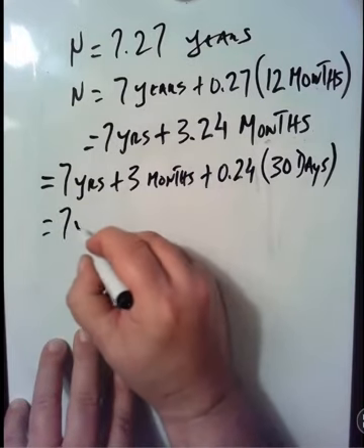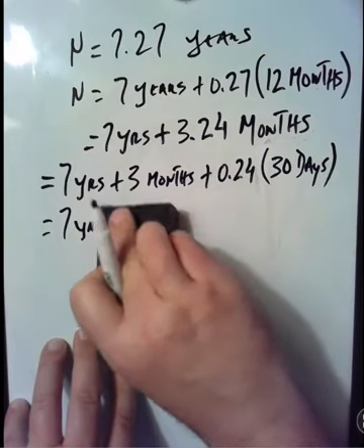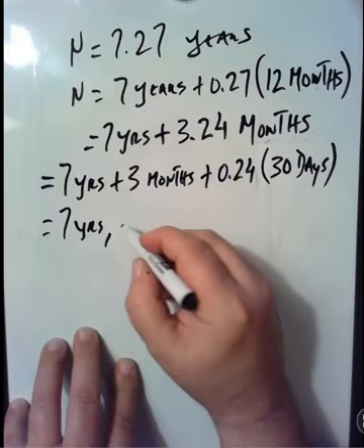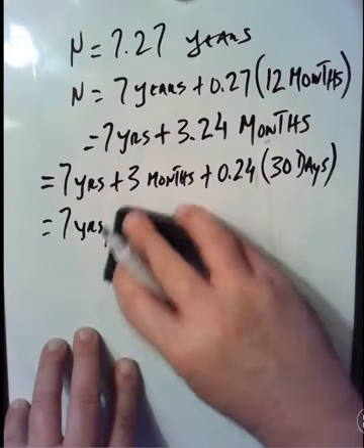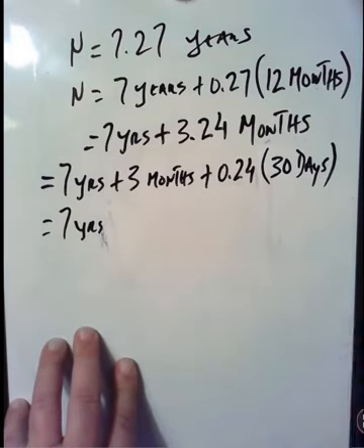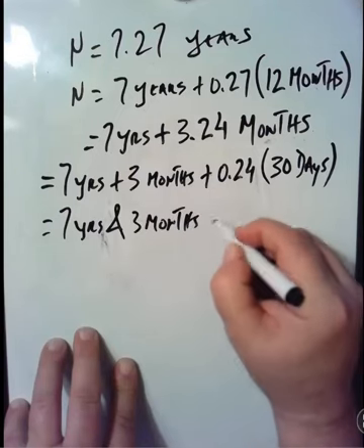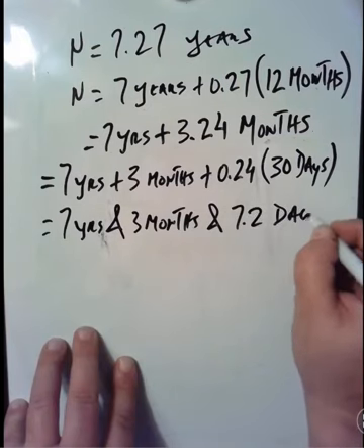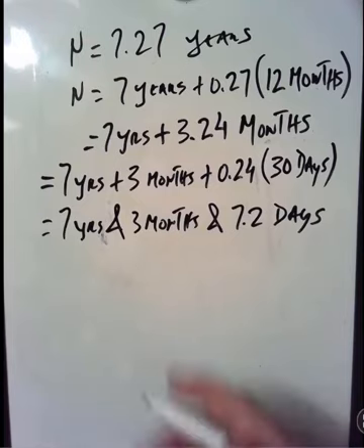So this is 7 years, 3 months, and I'm gonna stop here. You can go to wherever you want in terms of the granular time unit. Let's put it like this: 7 years and 3 months and 7.2 days. So you could answer the client pretty much at this level of detail.